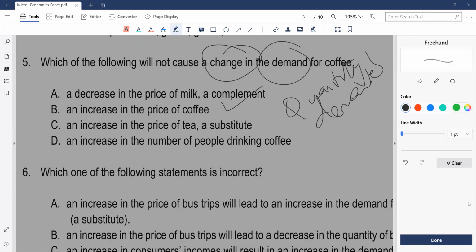Happy? Jasper, yes. I'd like for you to please repeat your explanation, where you say there's a difference between quantity demanded and demand. All right. May I know who's speaking? Pardon? May I know who's speaking?